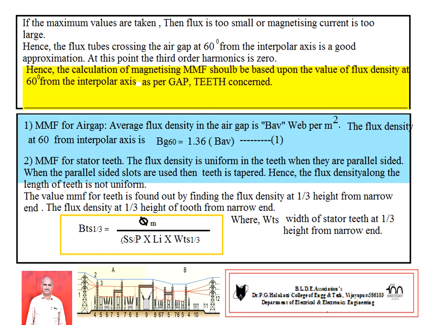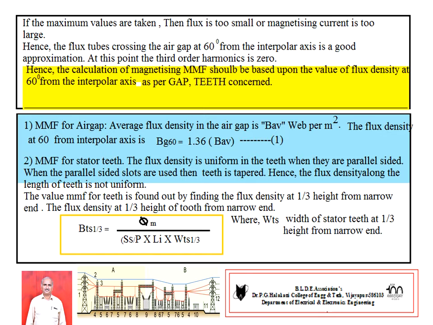If the maximum values are taken, then it will affect the calculation of flux. Flux becomes too small, then magnetizing current becomes too large. Hence the flux tubes crossing the air gap at 60 degrees from the interpolar axis is a good approximation, because at this instant, even though third order harmonics are present, that value becomes 0. Referring to earlier graphs, we have seen that there is a fundamental distribution of flux, a presence of third order harmonics, and a presence of fifth order harmonics.